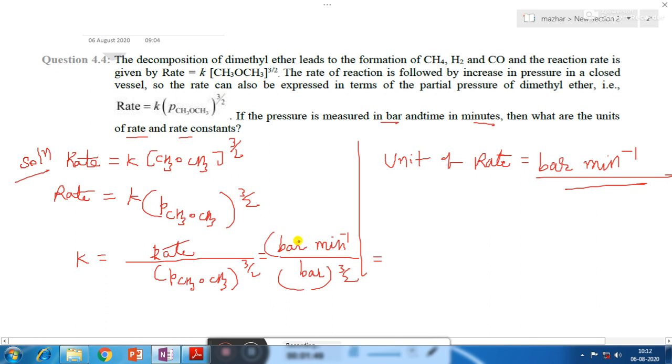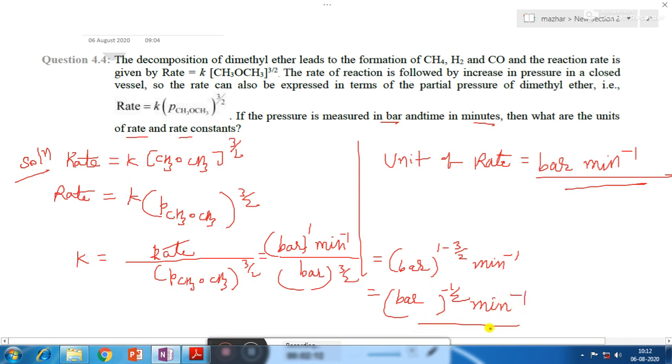In the numerator bar is raised to 1. So we have bar raised to 1 minus 3 by 2 into minute inverse. 1 minus 3 by 2 is minus half. So the unit of K is bar raised to minus half minute inverse.